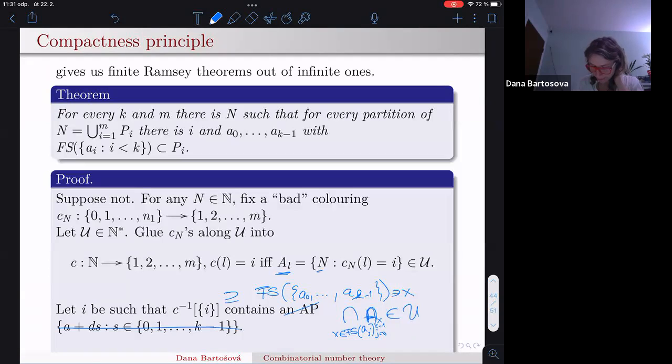And these are the indices n that are going to think that all of these X's should be getting the color i. But this is a contradiction, because if I take any n inside of here, then it says that the c_n was not a bad coloring to start with, right? Because this exact set is going to be monochromatic with respect to c_n.